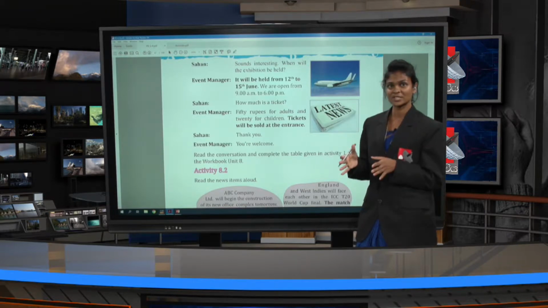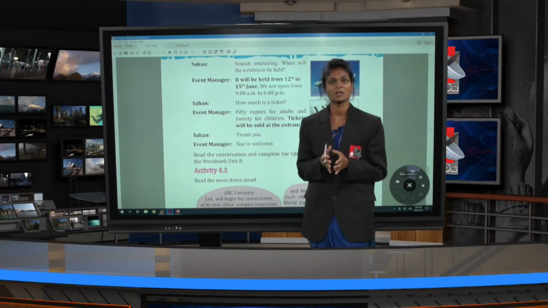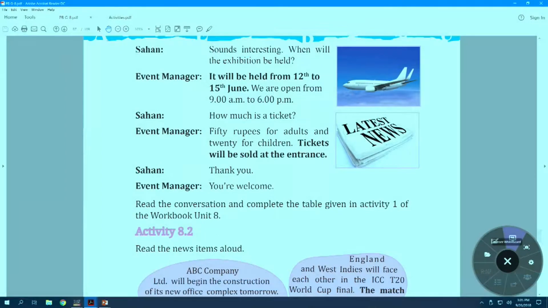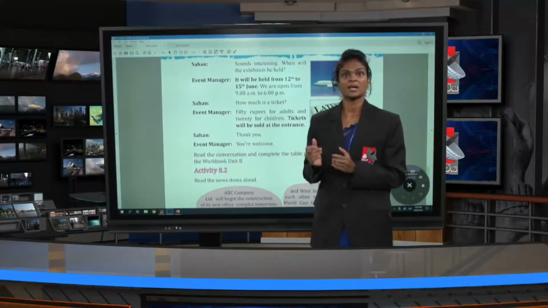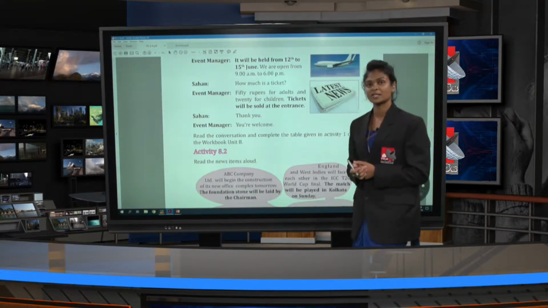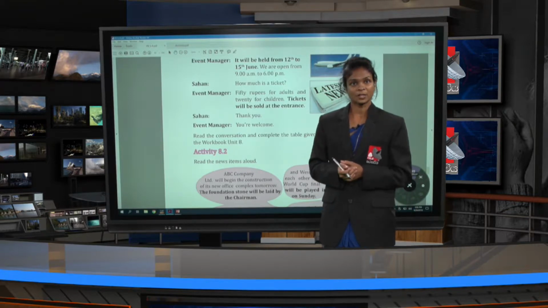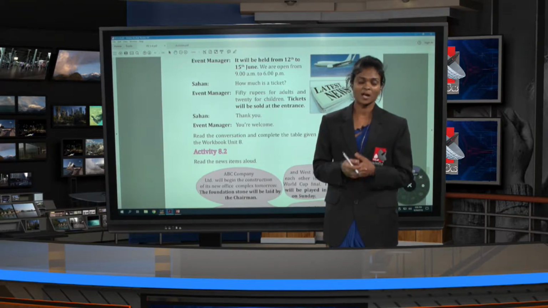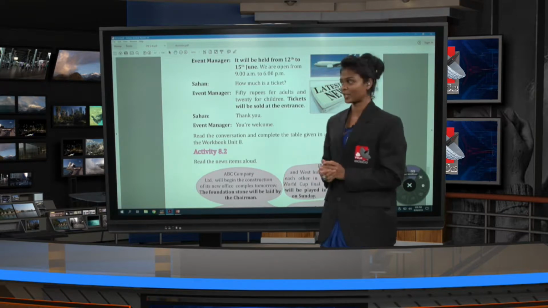Then the event manager again replies 50 rupees for adults and 20 rupees for children. Tickets will be sold at the entrance, right? When you enter the exhibition, you can get the tickets. Then Sahan says, thank you. Then at the end, the event manager concludes the conversation by saying, you are welcome, right?